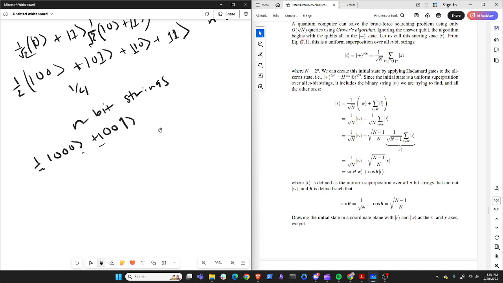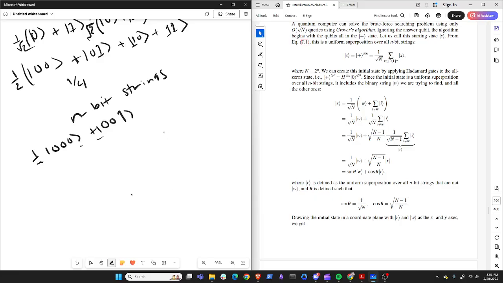So in all of these 2 to the n n-bit strings, one of them is the one that we need. It's called W, the winner. We have one string, represented by state W, that matches up with the bit string that solves the problem, that finds the element that has the 1 in that specific location amongst all the other zeros.